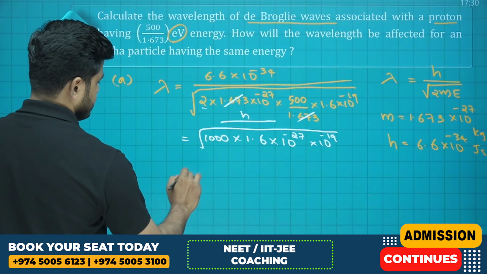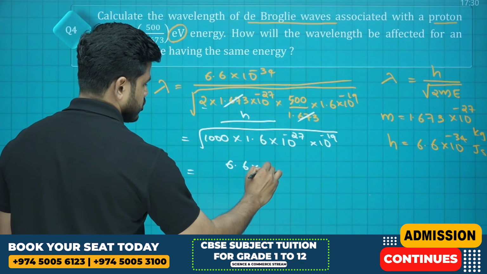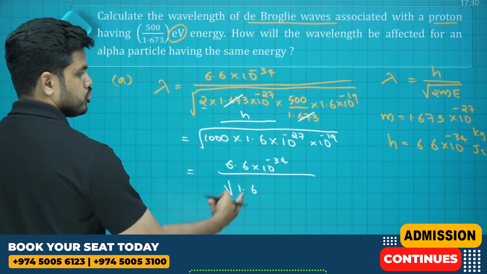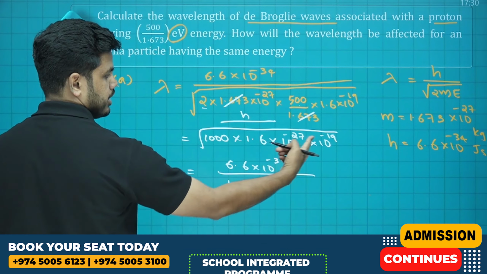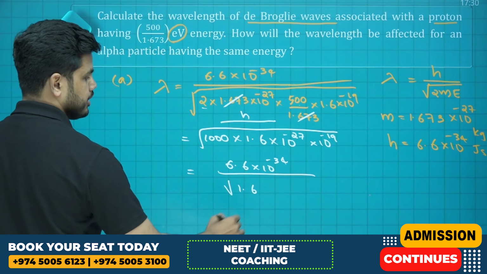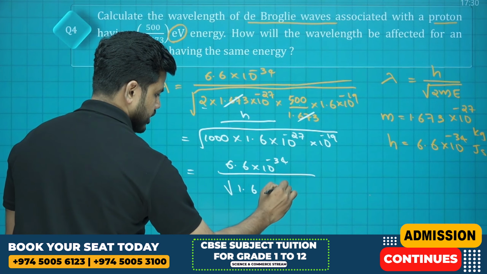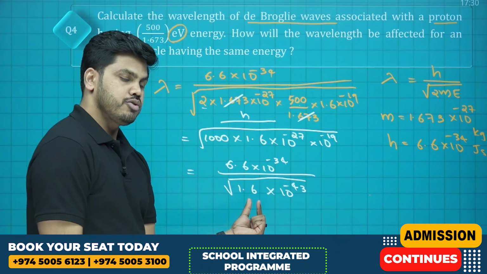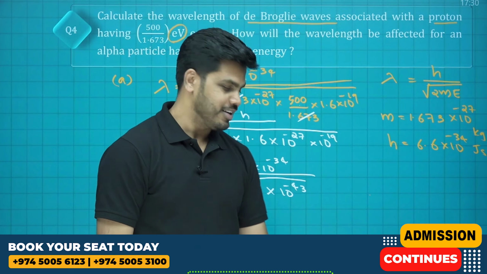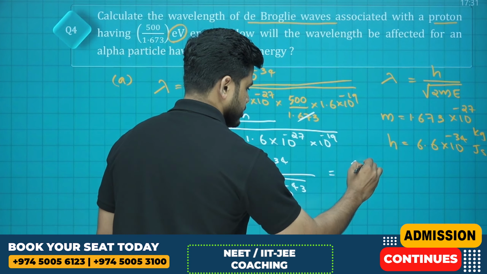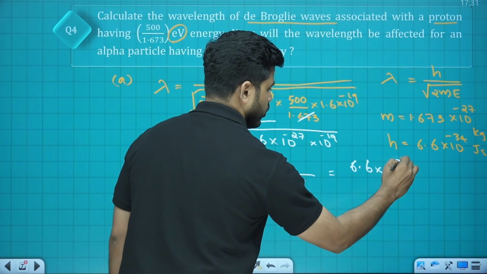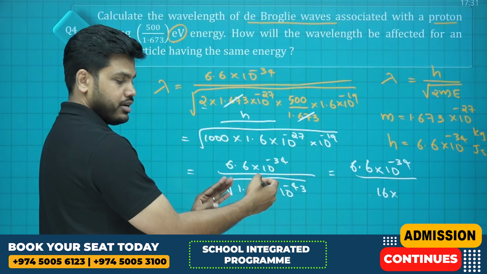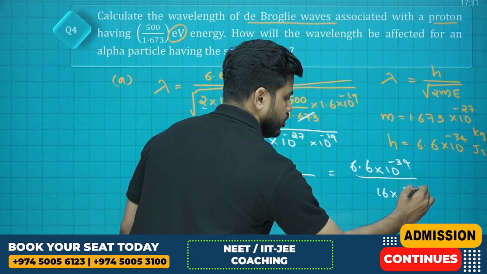Now we can simplify this. 6.6 into 10 raised to minus 34 divided by the square root of 1.6 into 10 raised to 16, and 10 raised to minus 27 and minus 19 together give 10 raised to minus 43. Look at this, 1.6 is not a perfect square. 16 is a perfect square, so I'll rearrange this: multiply by 10, divide by 10. So 6.6 into 10 raised to minus 34 divided by the square root of 16 into 10 raised to minus 44.